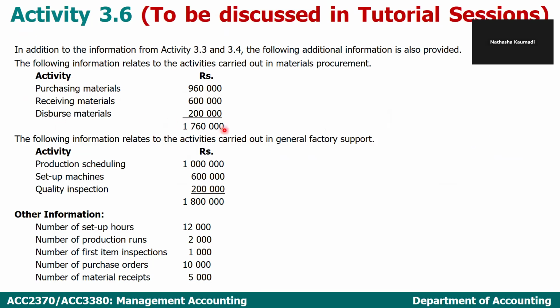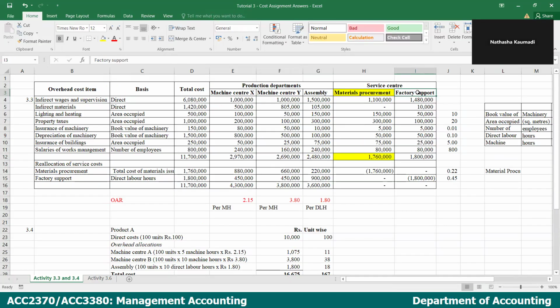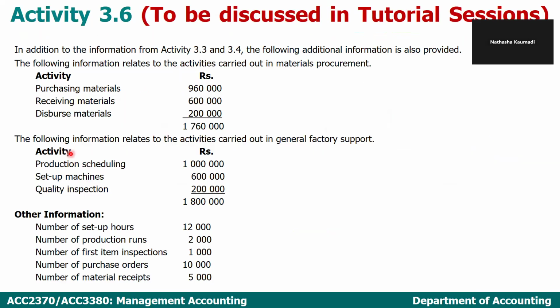Even though you take the activity-wise cost, the total equals 1.76 million, right? If you take factory support, what is the cost of that service center? 1.8 million. Again, if you take the activities and the cost per activity, the total equals 1.8 million. So the costs are equal. I hope you got the point, right? Activity-wise, the cost is given, but the total is the same.